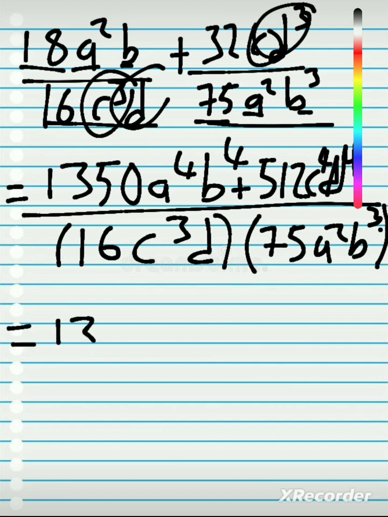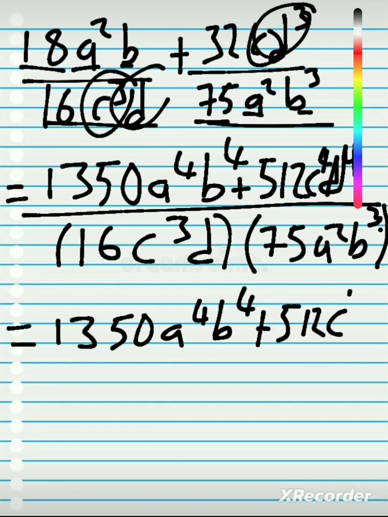So on top we have 1350 a power 4 b power 4 plus 512 c power 4 d power 4 over 16 times 75. When you multiply 16 and 75, you are going to have 1200.